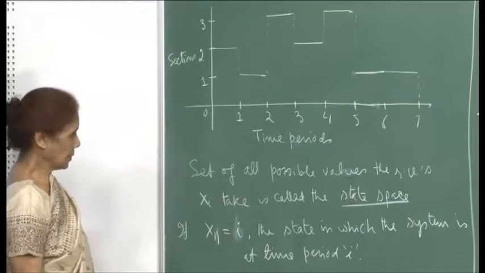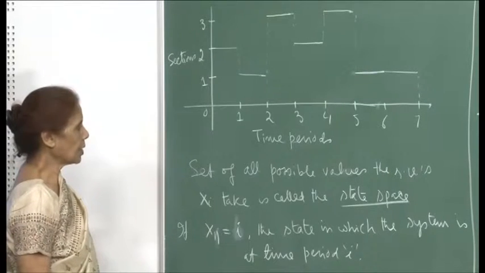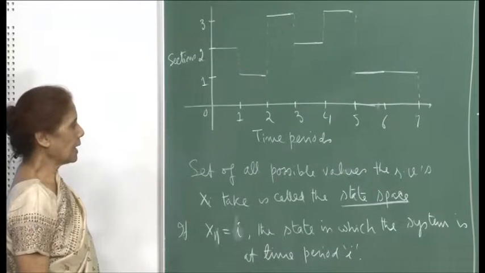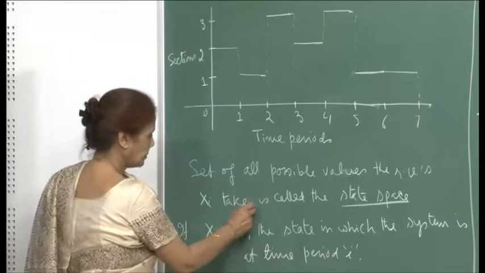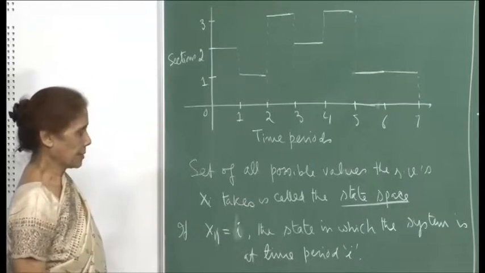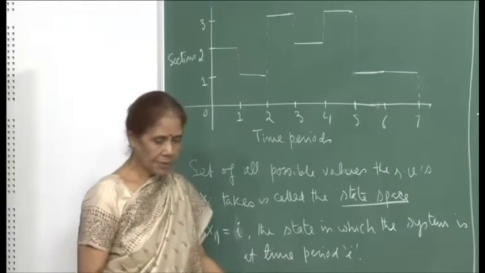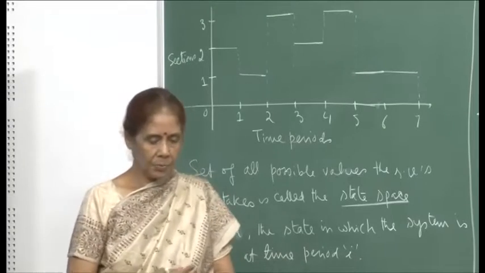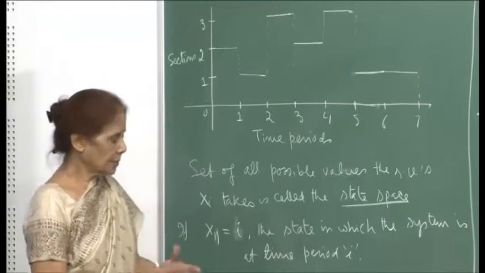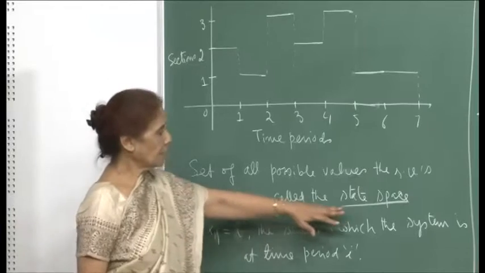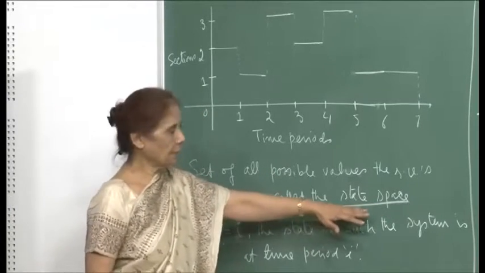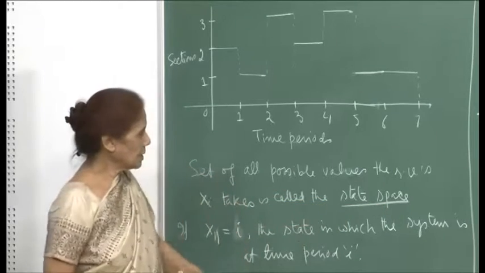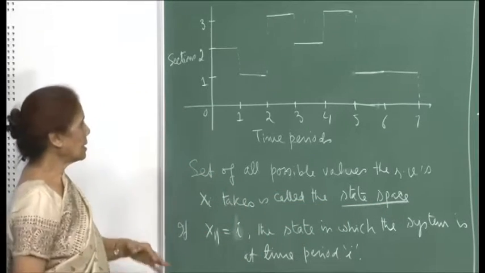Now, let us give some more terminology. The set of all possible values the random variable xi takes is called the state space. Wherever the system or the process is, whatever situation it is in, will be described by the state space, and normally we give the possible values numbers.